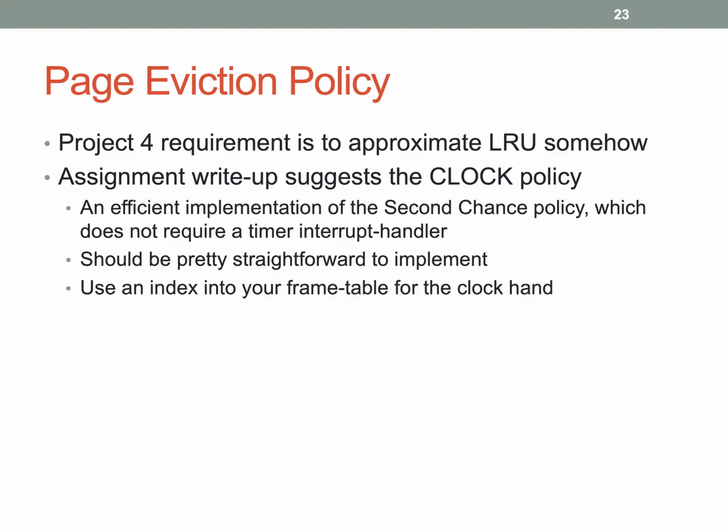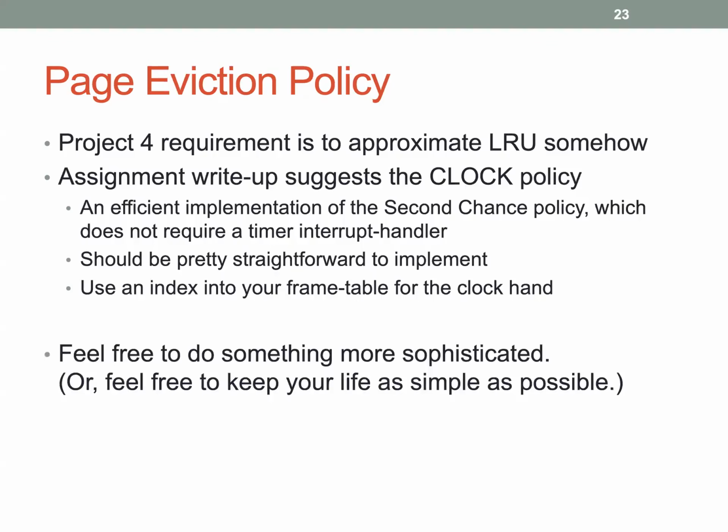Eventually, what you'd want to do is look at the frame's page table entry to see if it's been accessed. And if it has, clear the access bit and move forward. You also have pinning to incorporate as well, but that's why I say start with an index, and you'll be one step closer to having clock implemented.